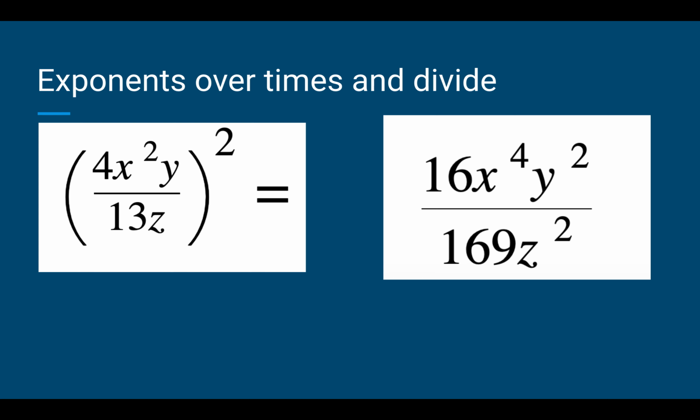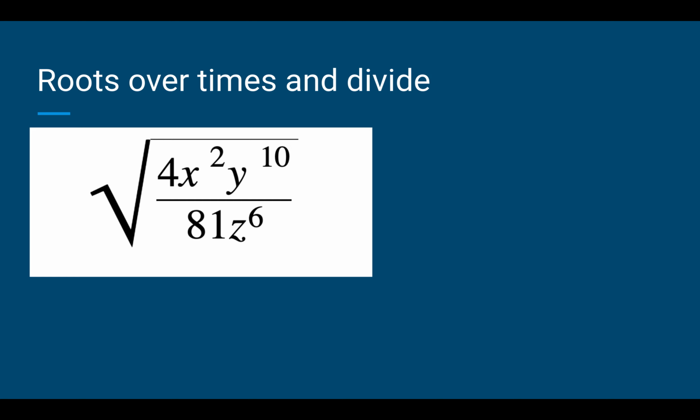And then we've got 13 squared, which is 169, and z squared. And boom, nice and easy to simplify, yeah? Basically what's happening there is you could just multiply that bracket by that bracket, and because they're all multiplies, you can do it in any order you like. So you put the bits that naturally go together.